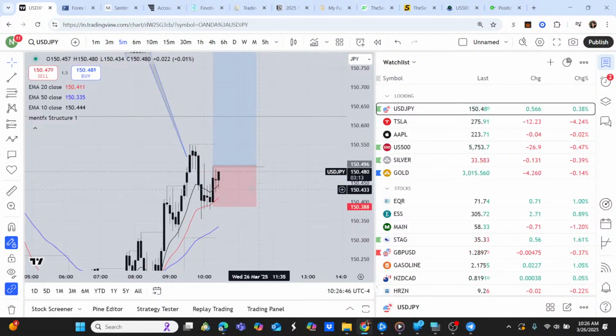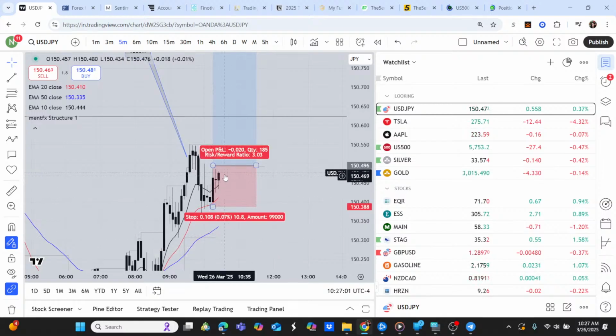So we still can't do anything because that 30-minute hasn't closed. It closes at 10:30. So the ideal scenario is if this candle can still close within this area, then the next candle that pushes up, I'll enter the trade right here.